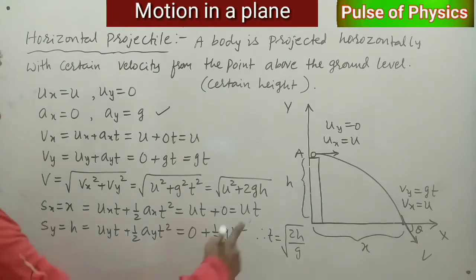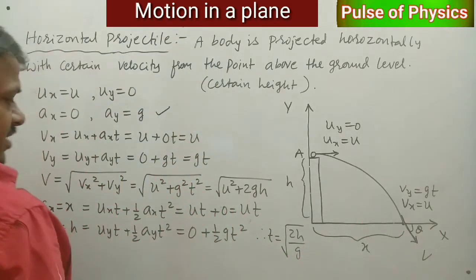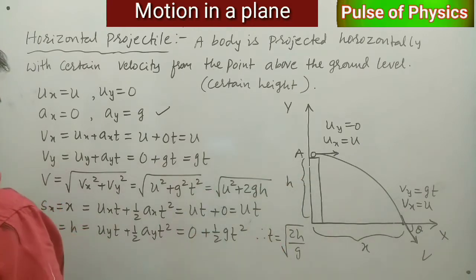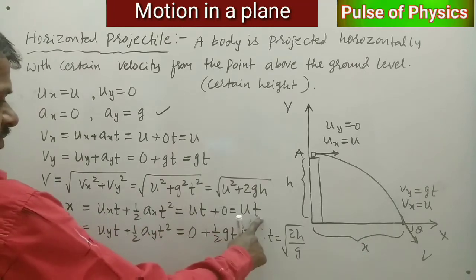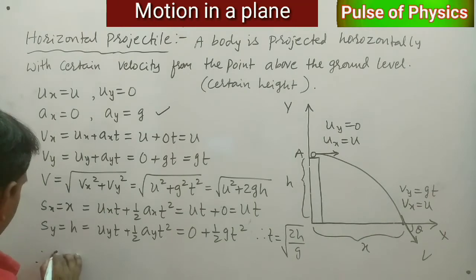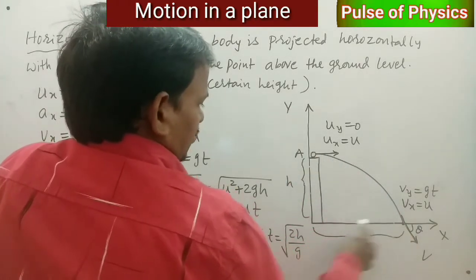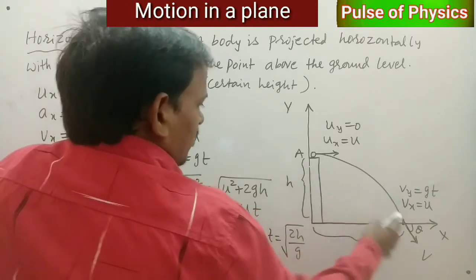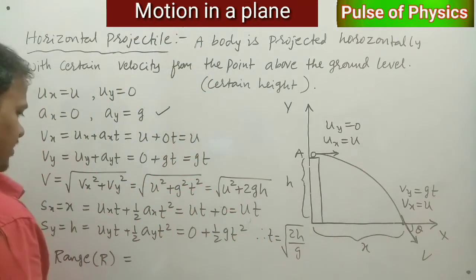Next, the horizontal range covered by the projectile, that is x during the time of flight. Here you see that x is u into t. So what is this t? Root 2h by g. This is called range. Horizontal distance traveled by the projectile during the time of flight, that is maximum horizontal distance traveled, this x.